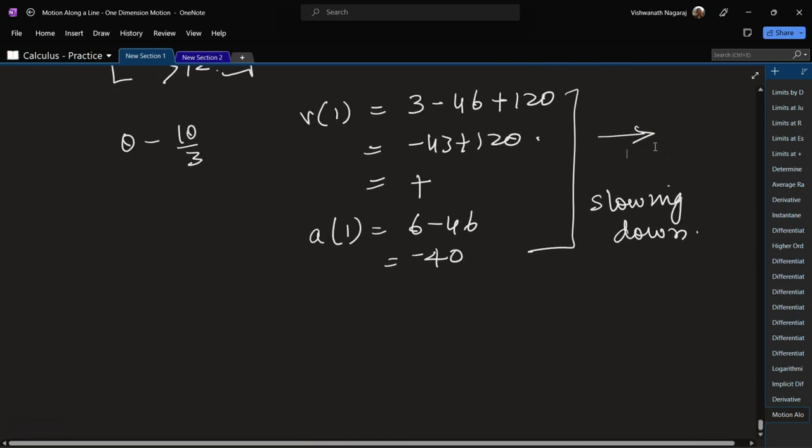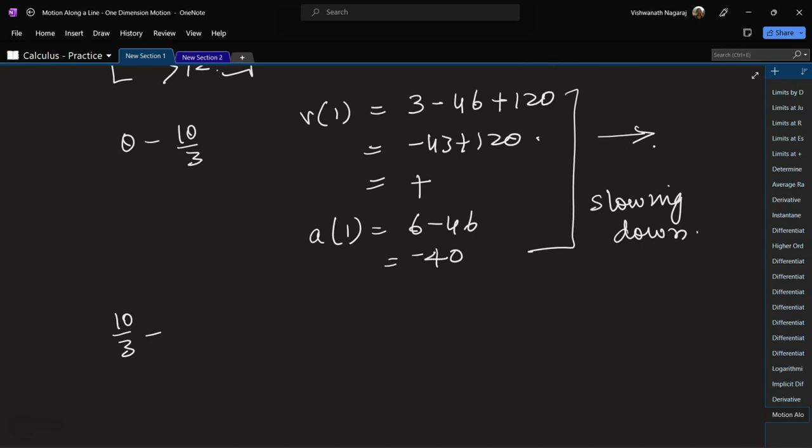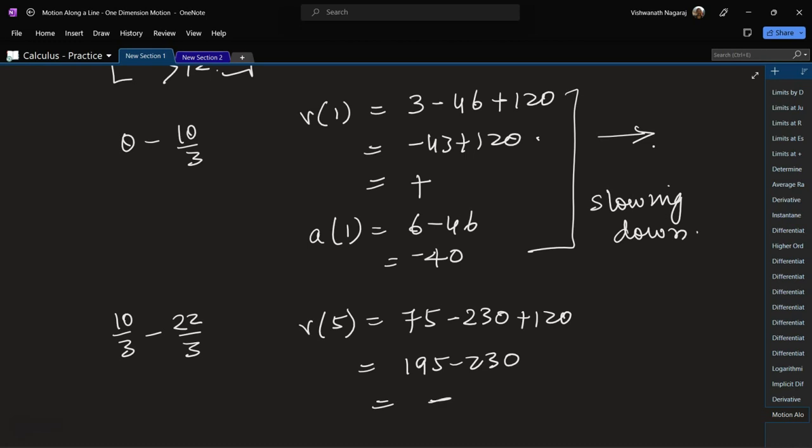Okay, now the next interval is 10 by 3 to 23 by 3. So this is going to be 3.33 to 7 point something. So let's take 5, because its calculations are simple. So V of 5 is equal to 3 times 5 square, that is 3 times 25, 75, minus 46 times 5, that is minus 230, plus 120, which gives us 195 minus 230, which gives us a negative value.